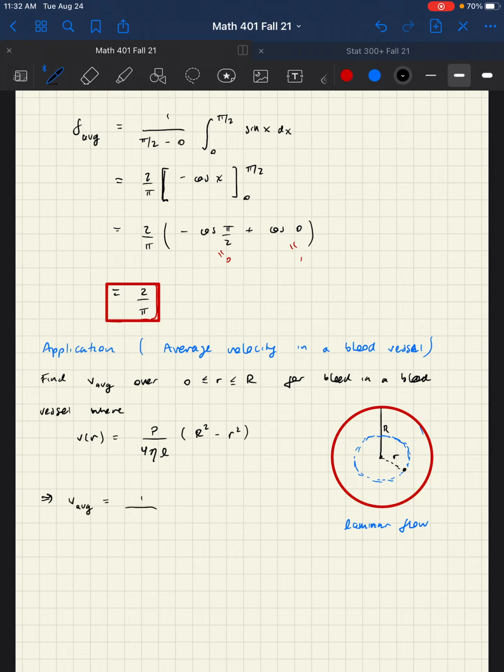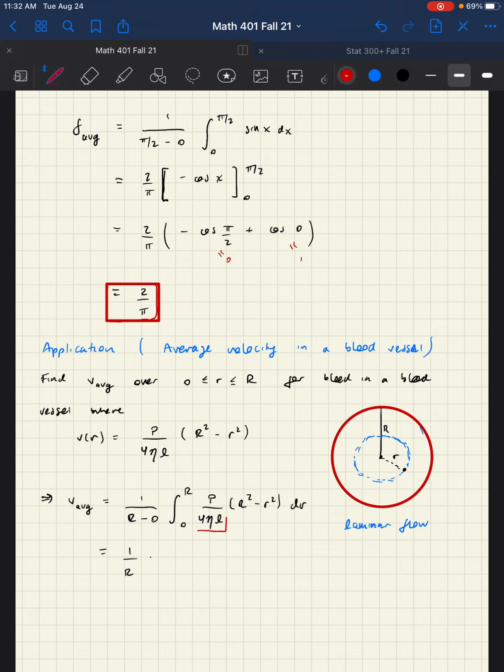And so to find the actual average velocity, then, we're going to be performing the calculation: 1 over R minus 0, the integral from 0 to capital R of P over 4 nu L times R squared minus little r squared dr. Okay, not too bad, right?